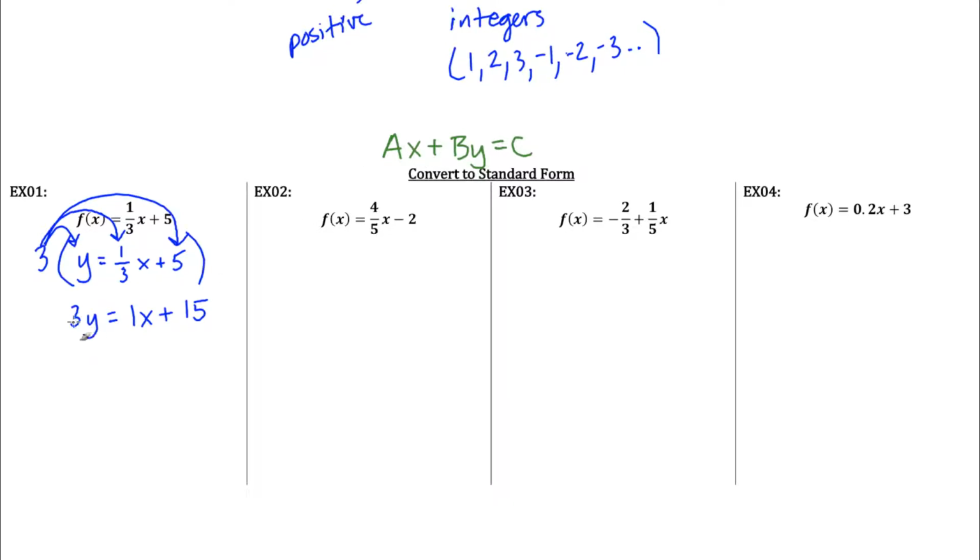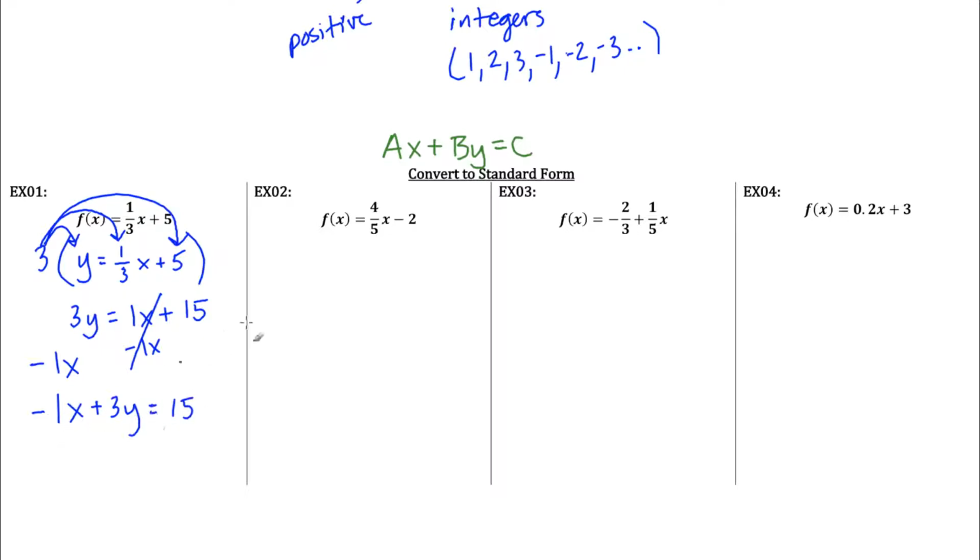Right now the x is over here, so minus 1x. These can't go together, remember? Their x's and their y's, they don't mingle. So we put minus 1x plus 3y equals positive 15.